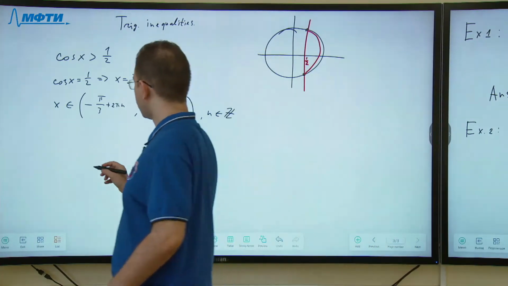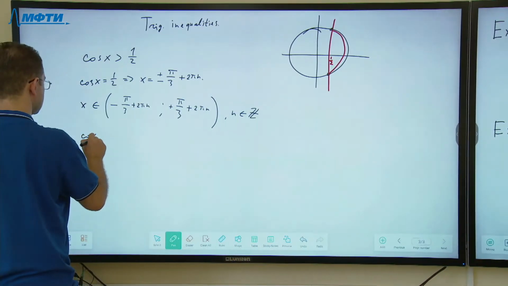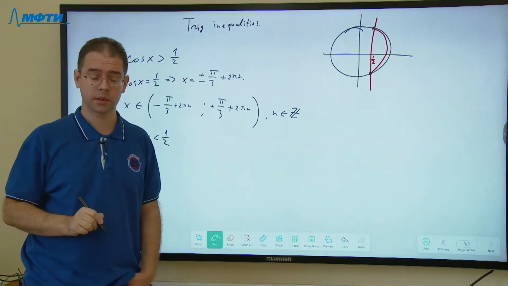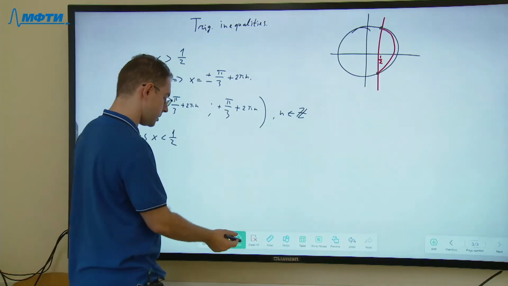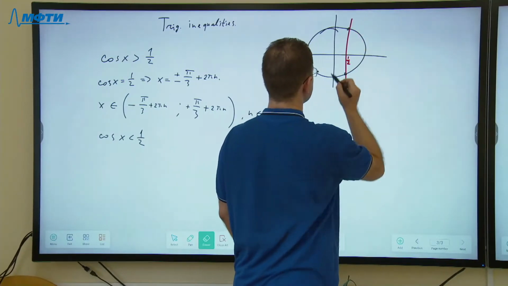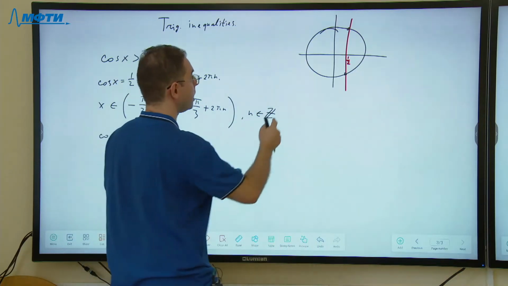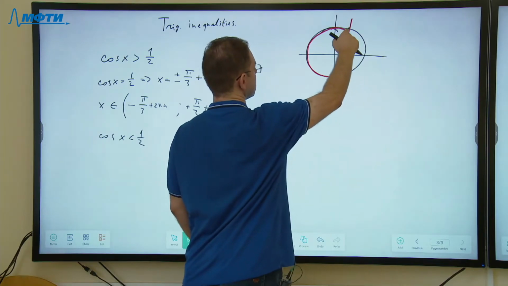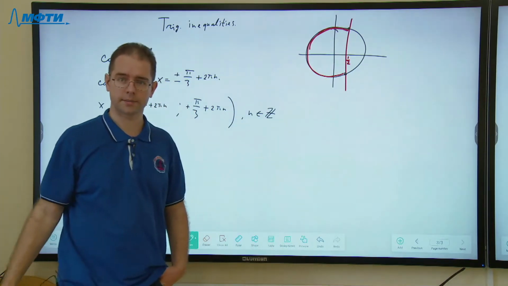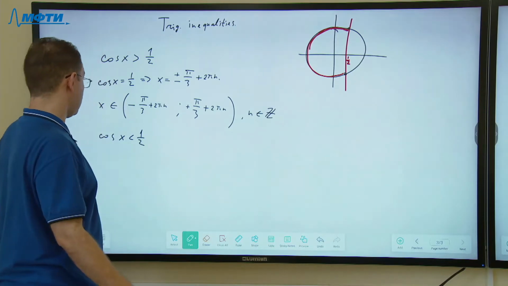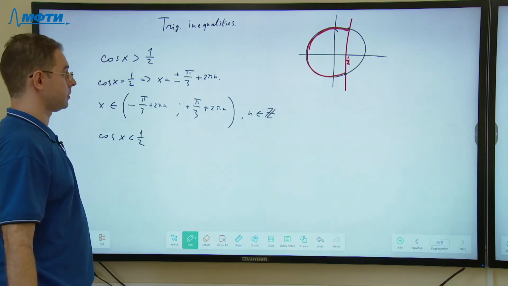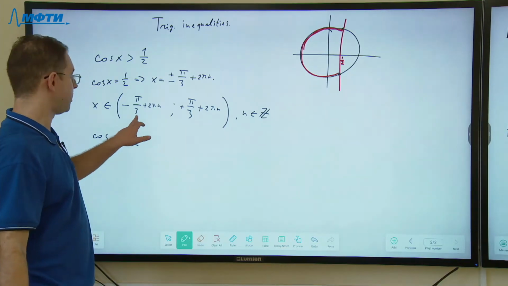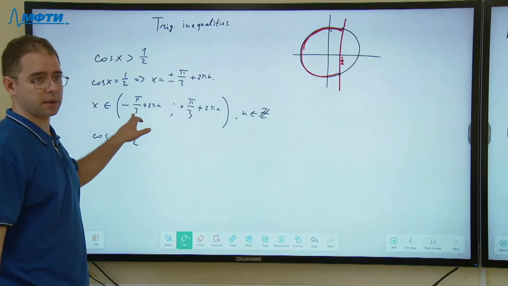Suppose we want to solve an inequality: cosine x is less than 1/2. The picture is the same, but we need the left side, like this side of the circle, this arc. It would be wrong to write down this interval because this is the right side.